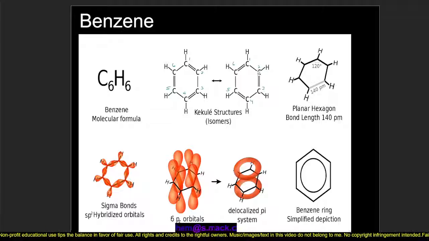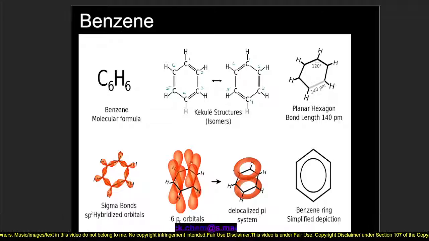In the second one, we see a single bond. So in Kekulé's proposed structures, he considered it to be made up of alternating single and double bonds. If that were true, in measuring the bond length within this benzene structure, two bond lengths consistent with a single and a double bond would have been obtained.